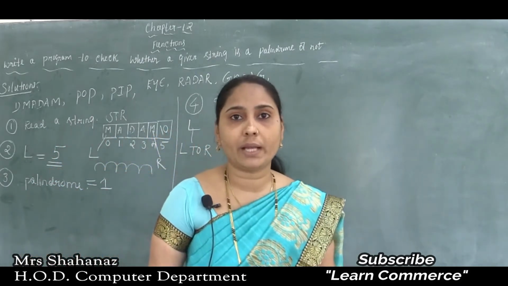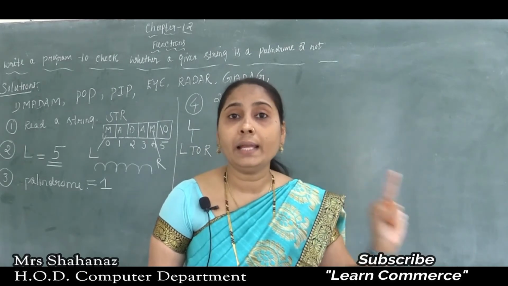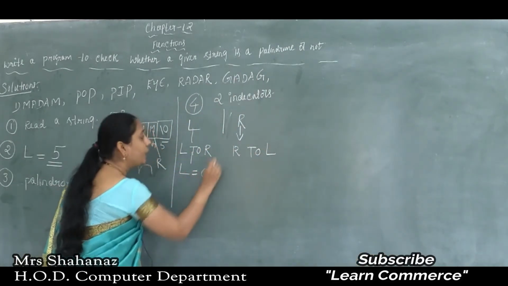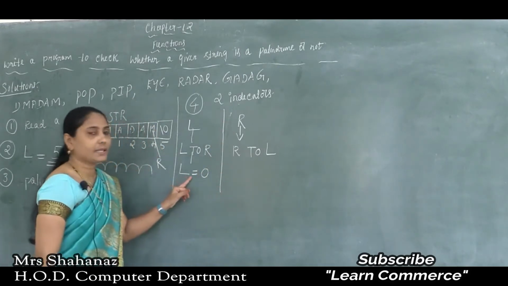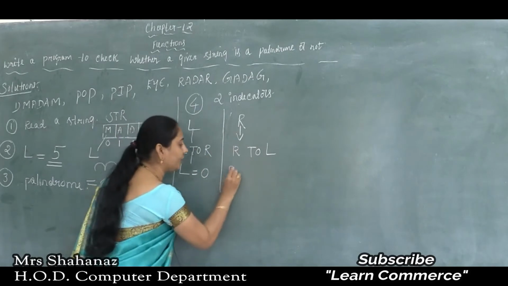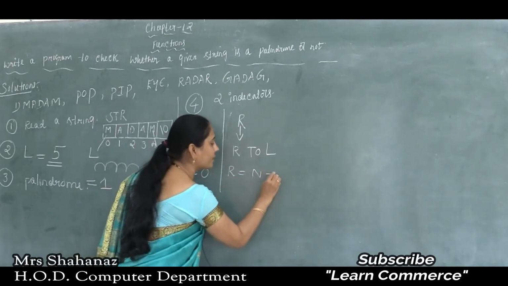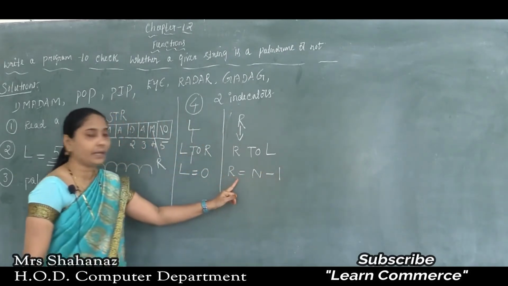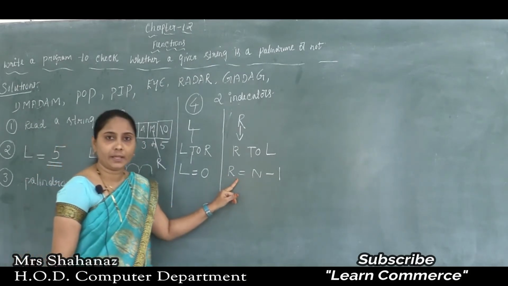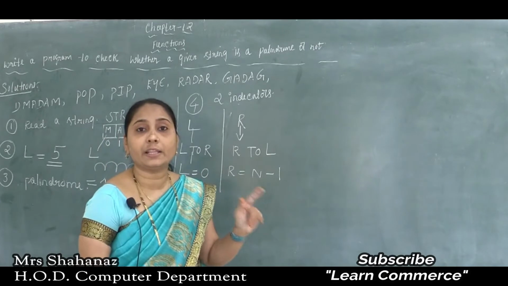And also we can say that here the L indicator is initialized to 0. Clear this point here? The L indicator is initialized to 0 here, and the R indicator is initialized to n minus 1. Clear this point? The R indicator is initialized to n minus 1. The meaning is 1 less than the length of the string.